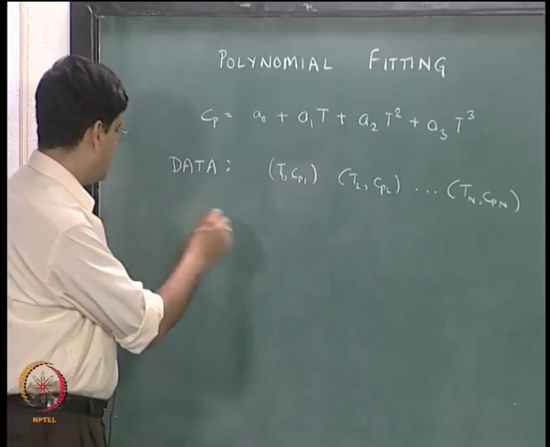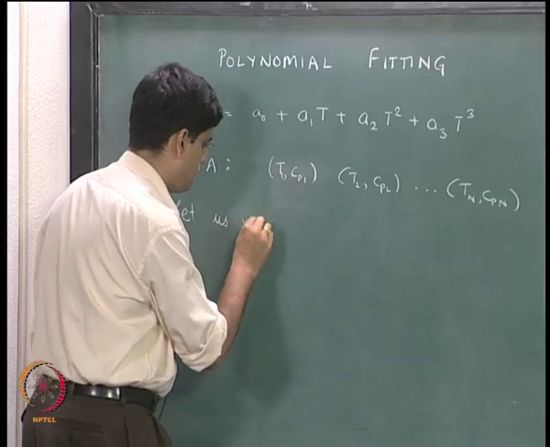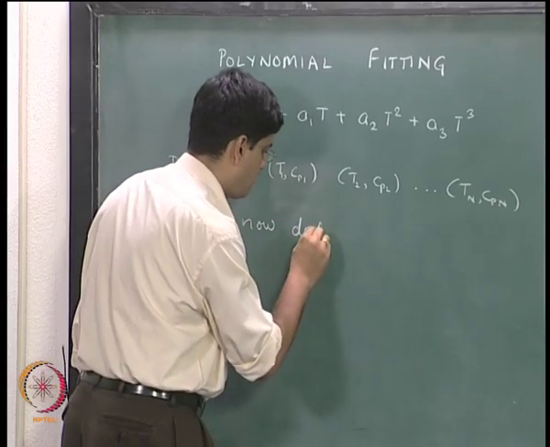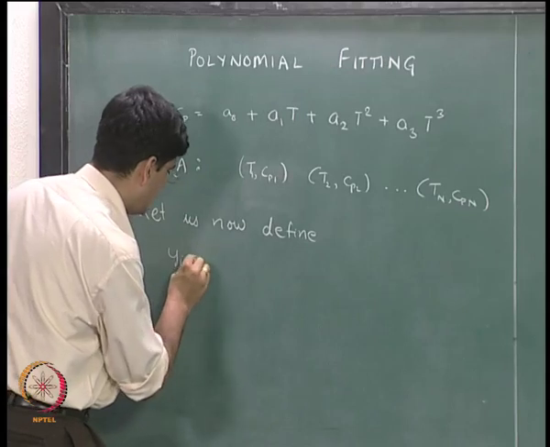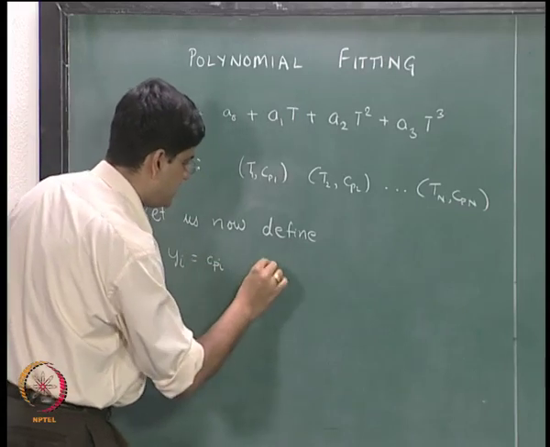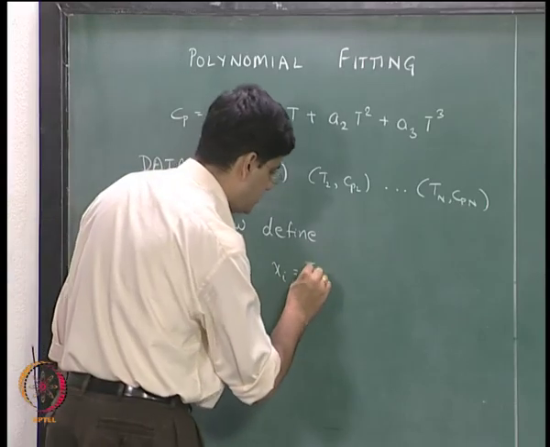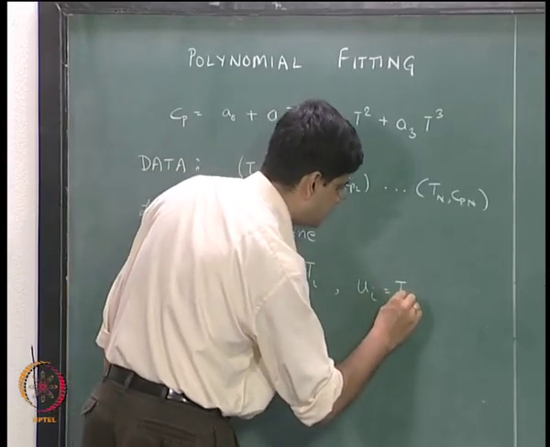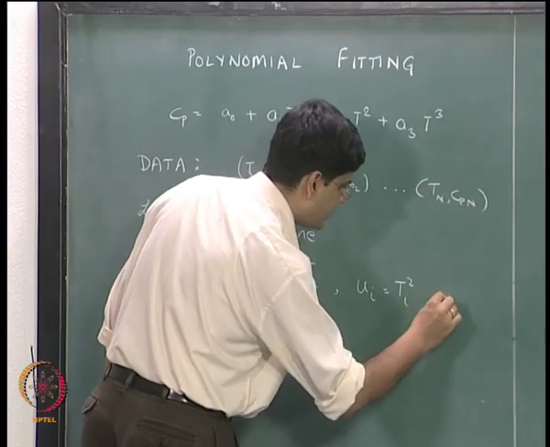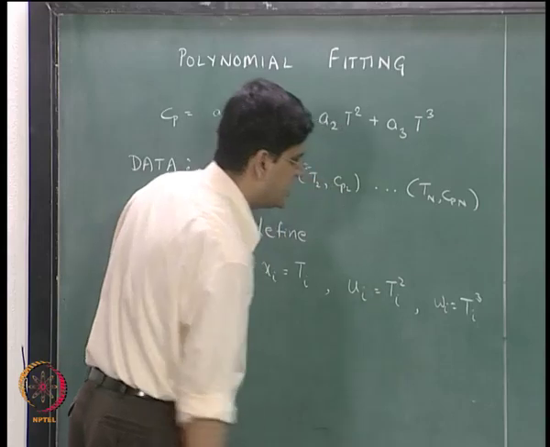So let us now define yi as nothing but Cpi, xi is going to be nothing but Ti, ui is nothing but Ti squared, and wi is nothing but Ti cubed.